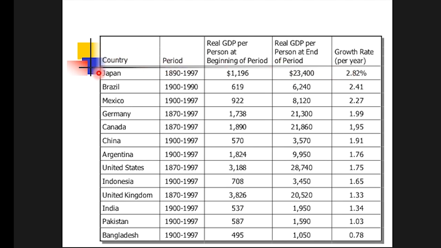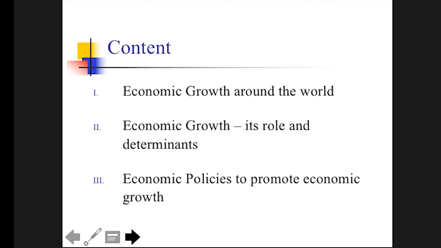It seems that Japan used to be a very famous miracle in terms of growth, and recently China and Korea have become the miracle in terms of growth. Now we go to explain what economic growth is and what the determinants of growth are.